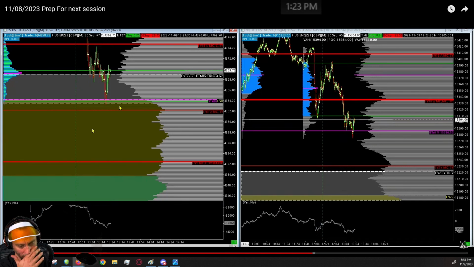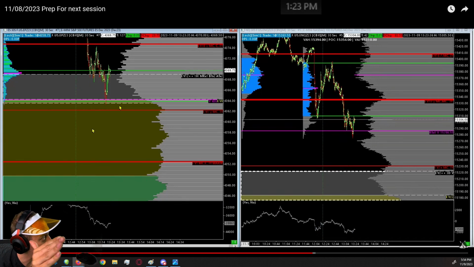Eventually those gaps get filled in, but those setups keep resetting. And the low nodes, same thing with the low nodes, as long as the red lines are relevant, because I only tag red lines, white boxes, and yellow boxes. Yellow boxes being gaps, white boxes being value areas of profiles, PVAs, and then red lines being low nodes.